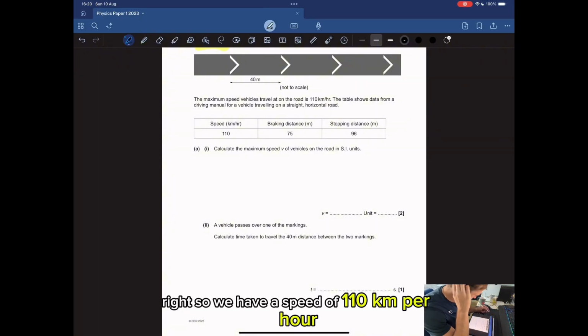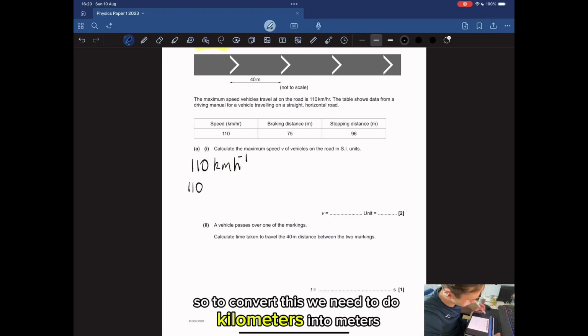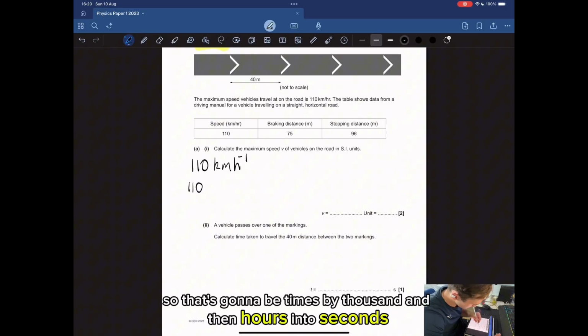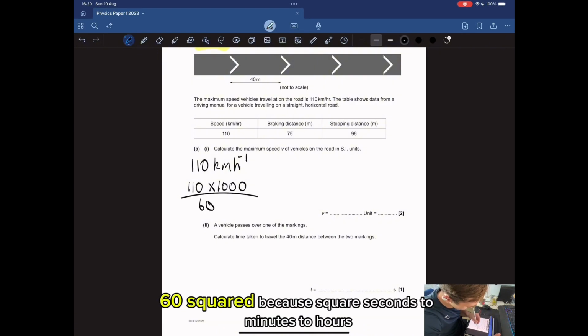Right, so we have a speed of 110 kilometers per hour. To convert this, we need to convert kilometers into meters, so that's times 1,000, and then hours into seconds, which is 60 squared, because seconds to minutes to hours.